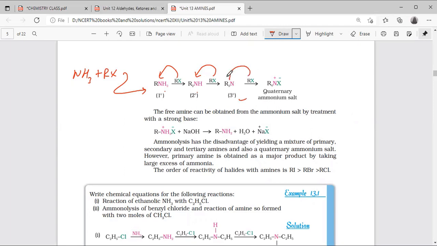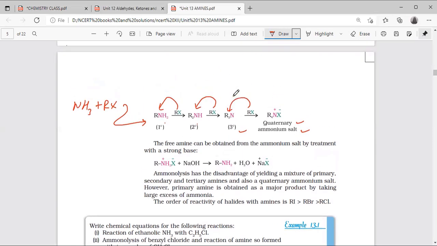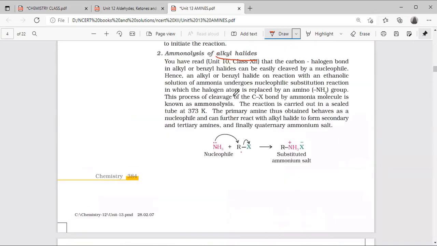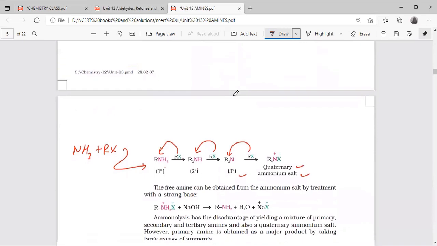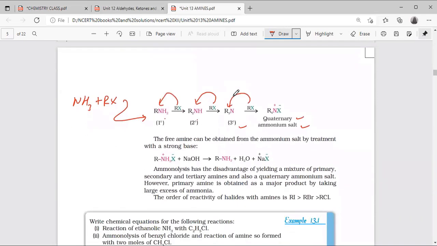Again, if it reacts with RX, then it forms quaternary ammonium salts. This is the ammonolysis of alkyl halide. Why are we calling it ammonolysis?